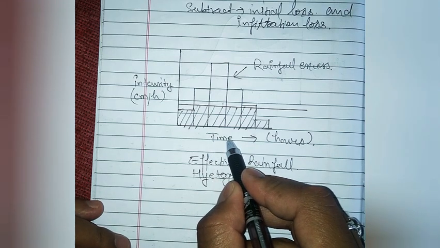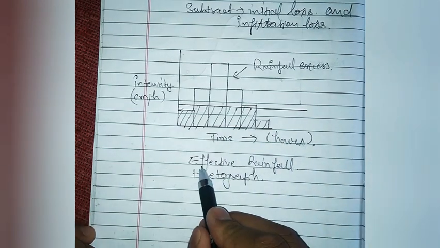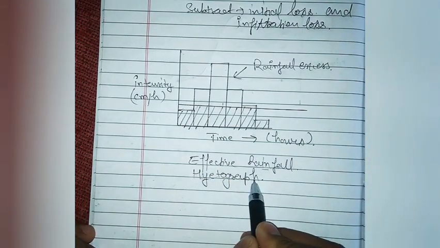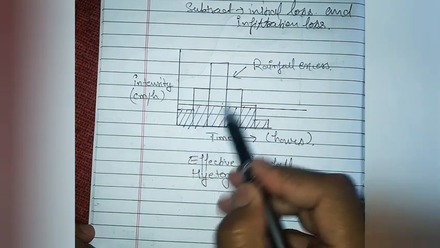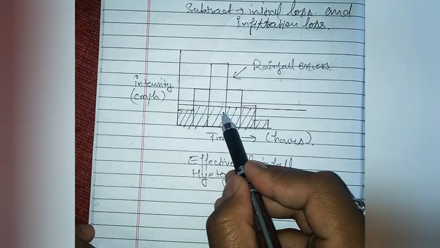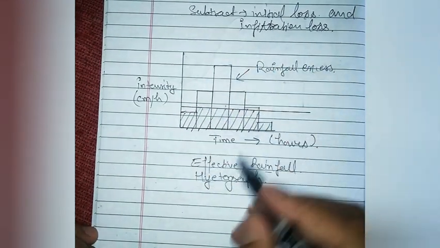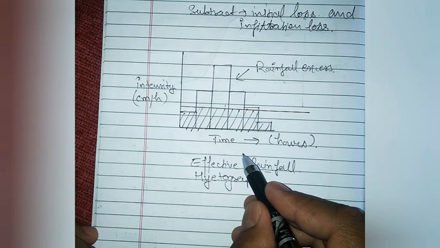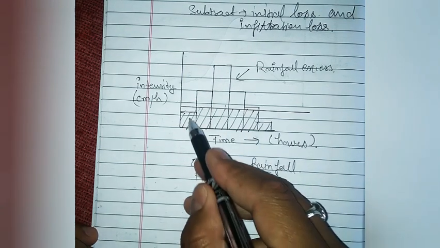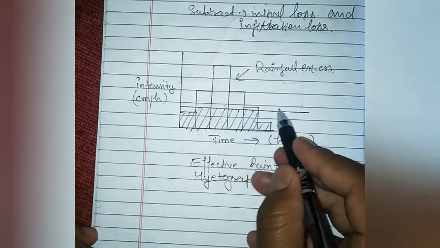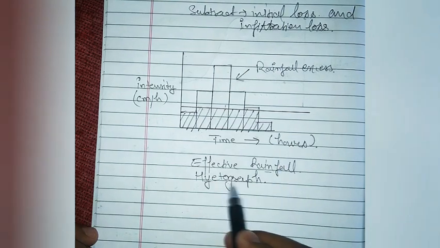Now your effective rainfall hyetograph is obtained by pruning these losses from this hyetograph for the given storm. The resulting hyetograph after these losses are removed is termed as your effective rainfall hyetograph.